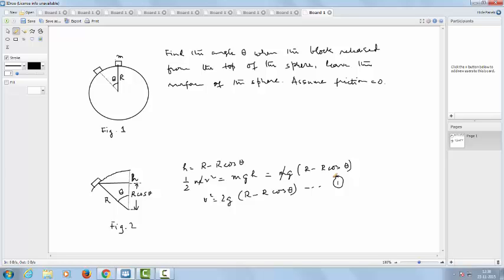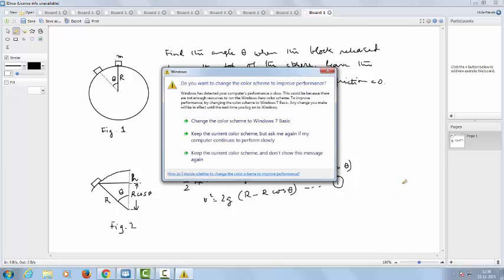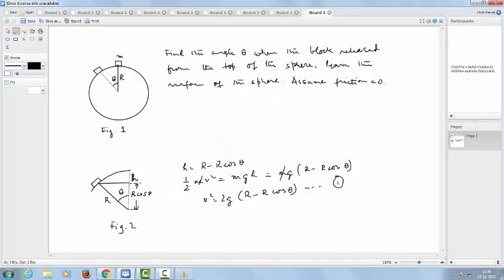Now let us find the forces that are acting on the block at this instant of time. There are 3 forces. The first force is the component of the weight of the block, which is acting towards the center of the sphere.